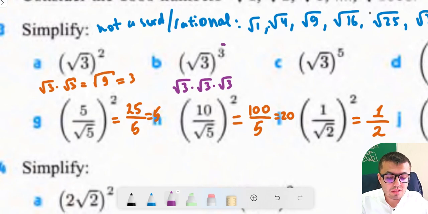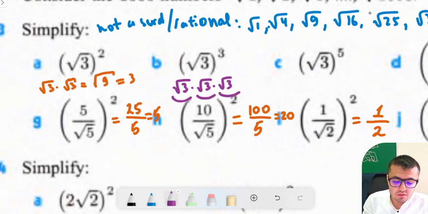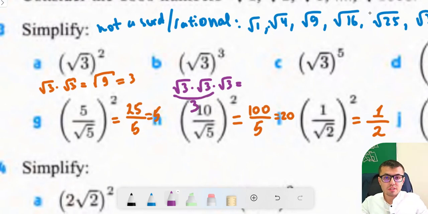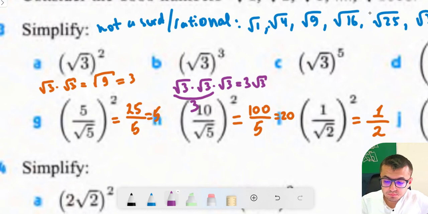That is the true meaning of the power. It just shows how many times you need to multiply those numbers together. So cubed means you multiply this 3 times. Here this times this will give me 3, root 3 times root 3. So the answer would be 3 root 3. That's the final answer.